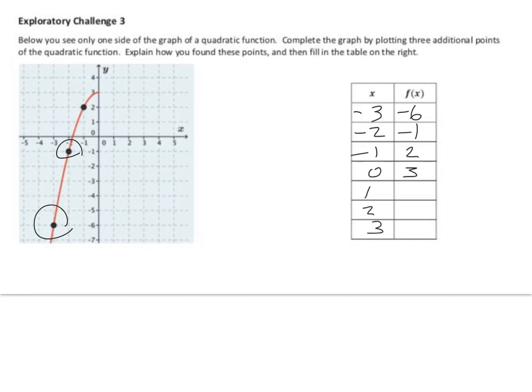So I'm going to reflect over the axis, so I have the other half of my graph.